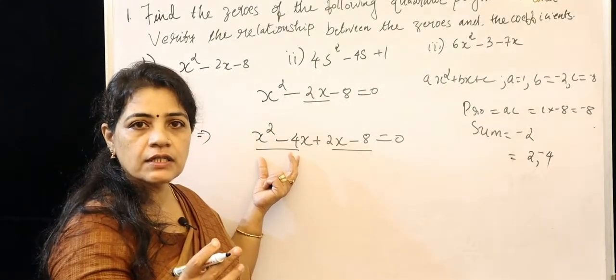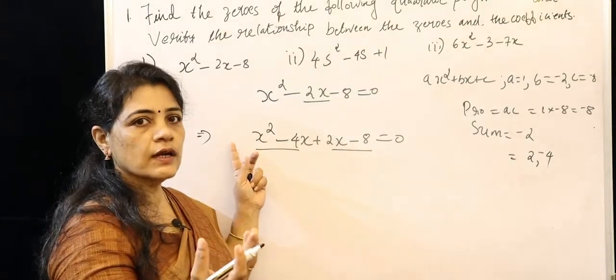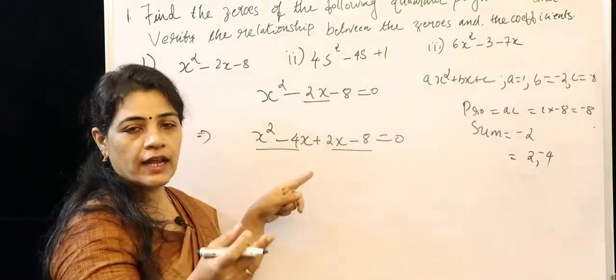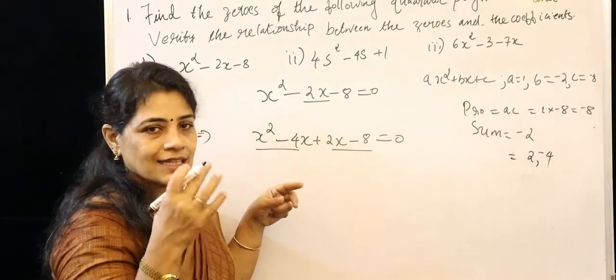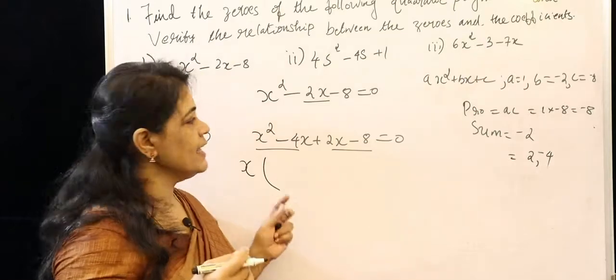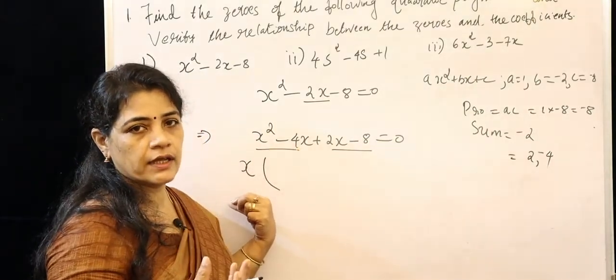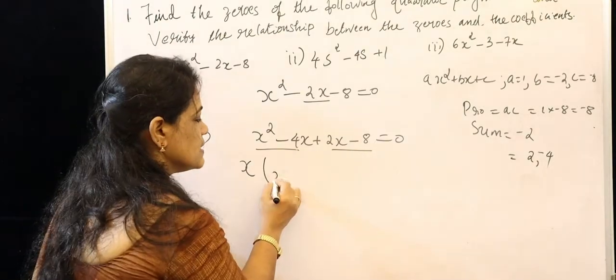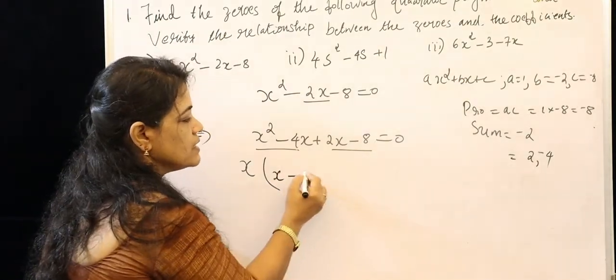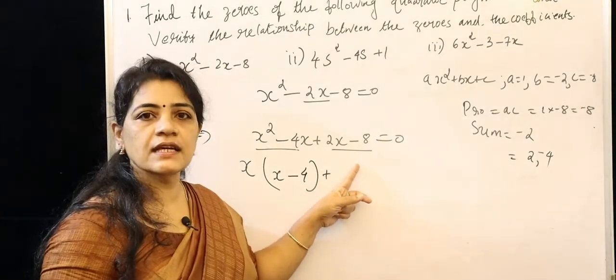What can be taken outside? We can't take any coefficient because the x square coefficient is 1. Now look into the variable, x square and x. You can take the least power, that is x, outside, and divide each term of this group by the variable outside. x square by x is x, minus 4x by x is minus 4, and then plus 2x minus 8.